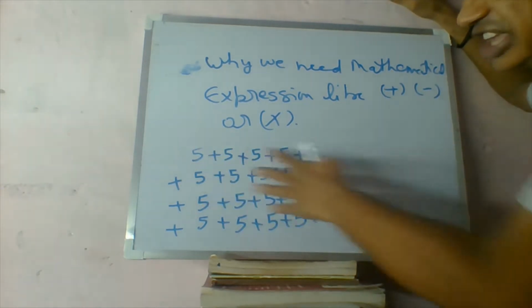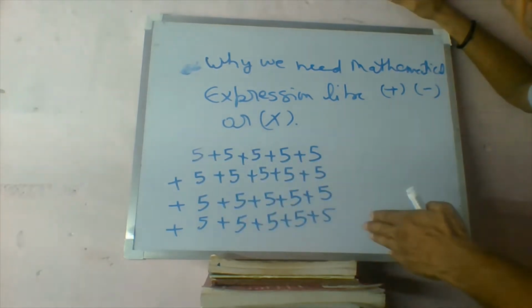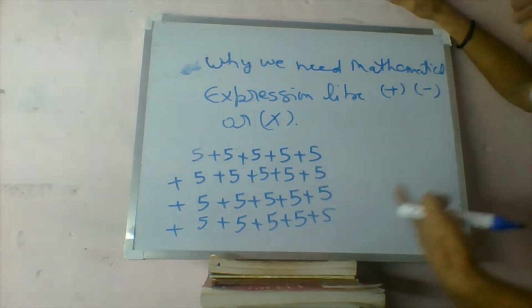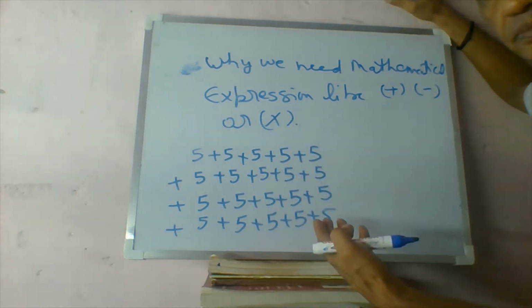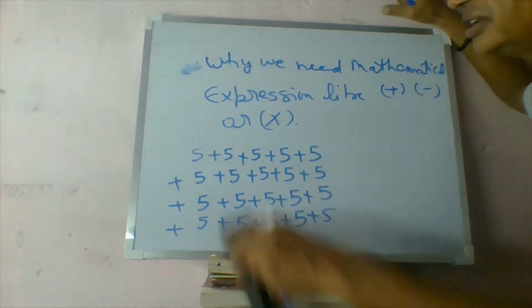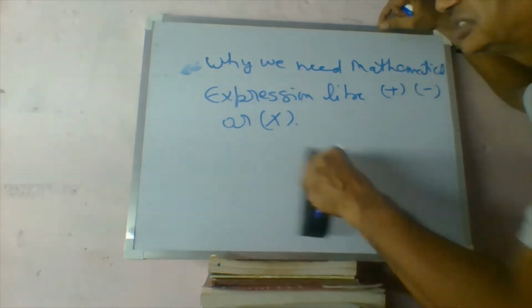So to save this time and space, and to also get the information at a glance that we are adding 5, 20 times, we need mathematical expressions.